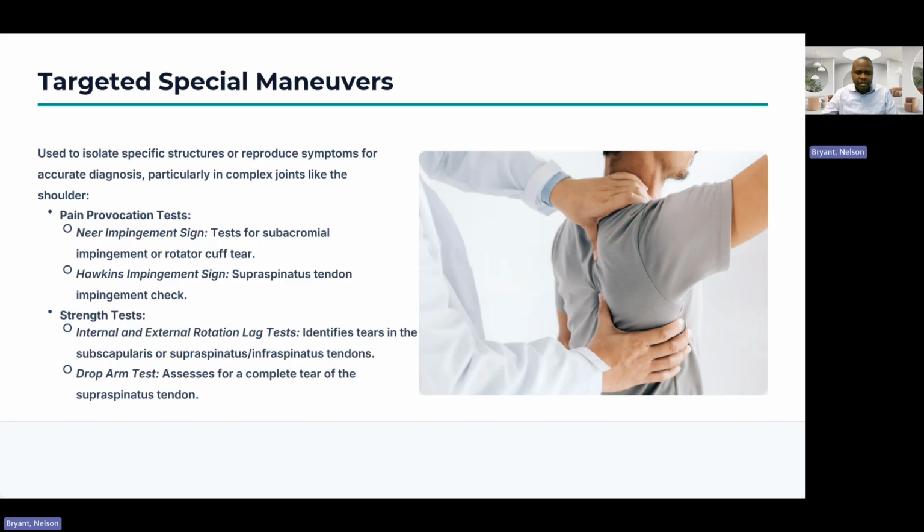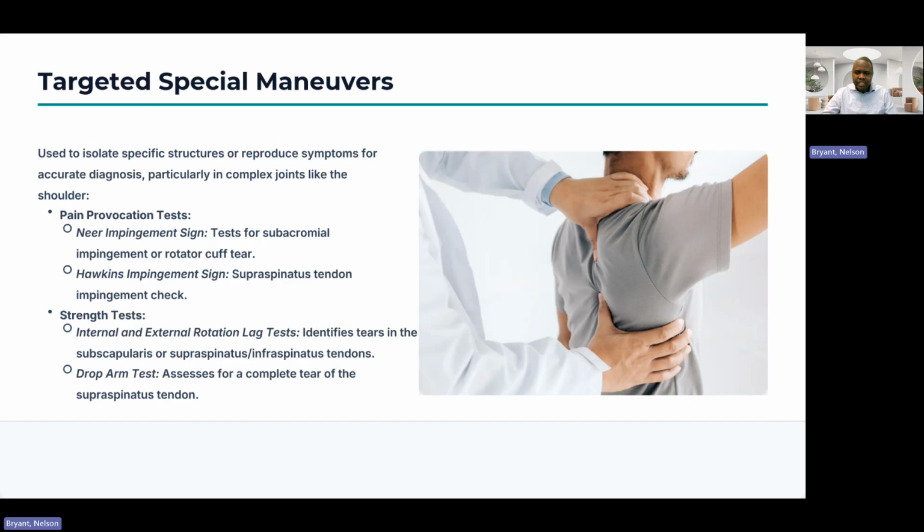As well as another specific test that we have, the drop arm test, also known as Codman's sign, is a technique used to identify complete tears of the rotator cuff, and specifically for the supraspinatus tendon.